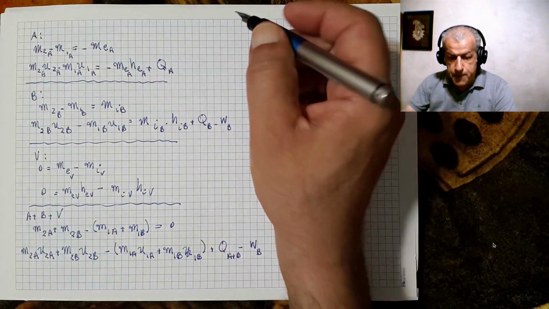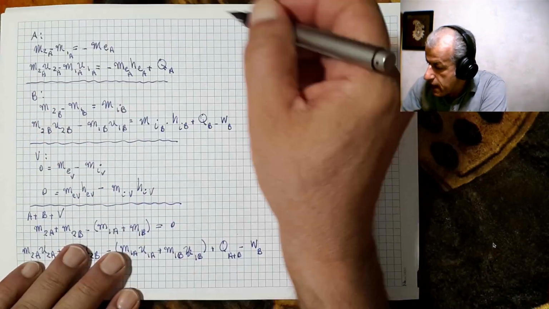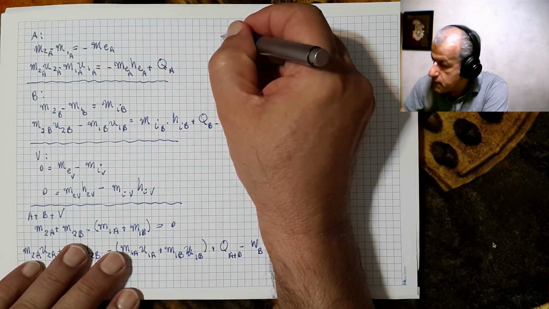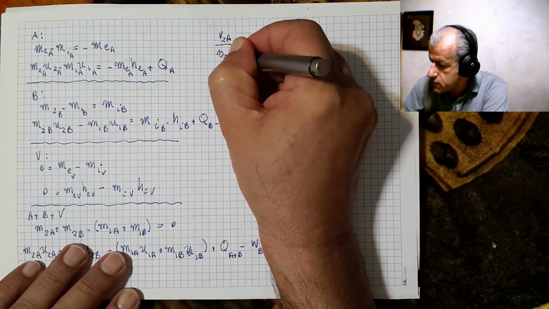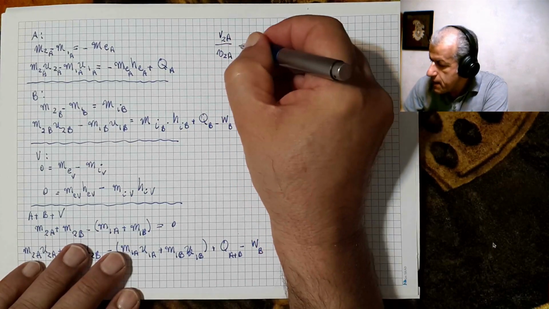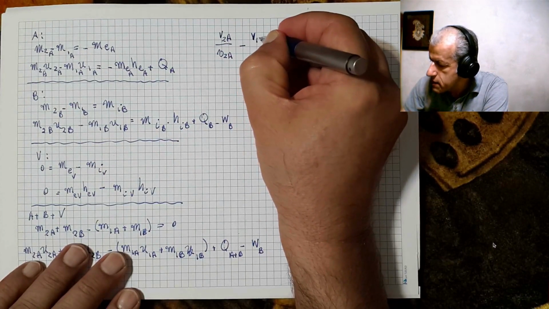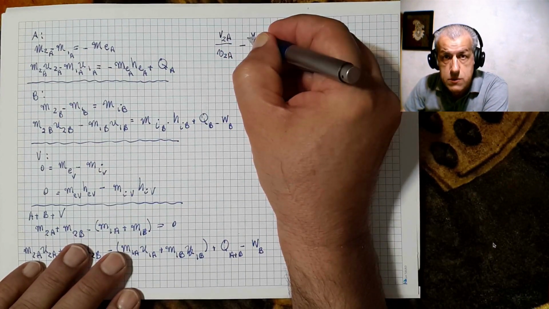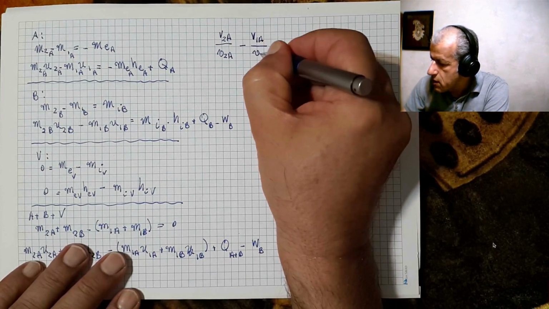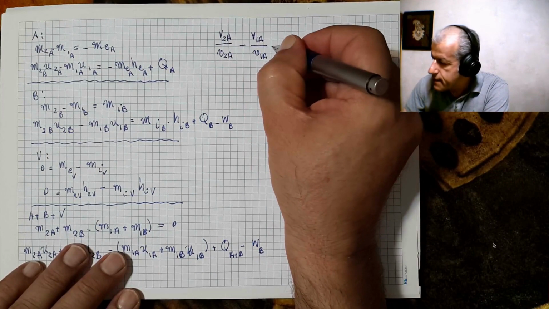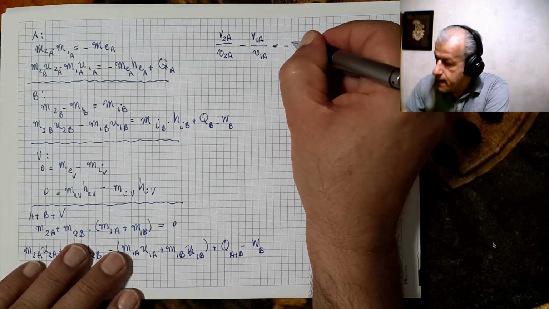Now, for A, we know that MEA equals M2A, which is V2A divided by v2A, minus M1A, which is V1A divided by v1A, of course these two volumes are equal.